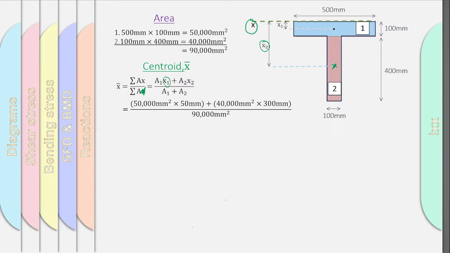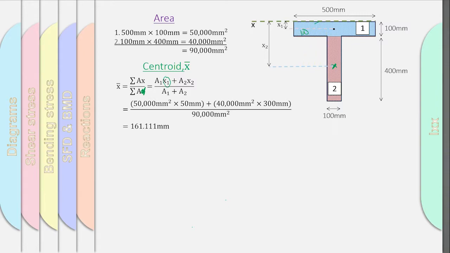So you tengok 400 divide by 2, so you dapat ini 200. So 200 campur 100 here. Ini 100. So you dapatlah this 300. And then you divide with total area, which is 90K ni, 90,000. And you dapat the value for centroid, maksudnya X bar, sebab semua you kira ni dari X bar.